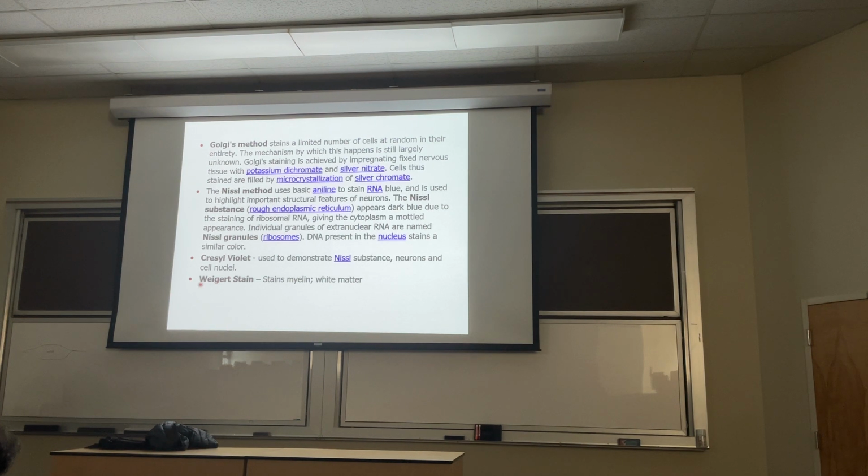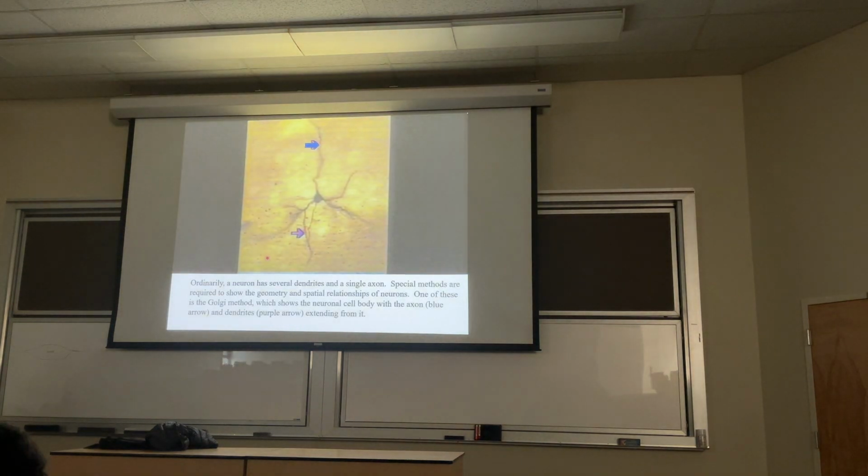Again, it's a German origin, so even though it's W, it's pronounced like V. And it stains the myelin. If you just use H&E, the myelin won't stain very well. If you use a Weigert stain, it'll stain the myelin black, so it depends if you're using that or not. Here's the dendrites with their dendritic spines associated with them.